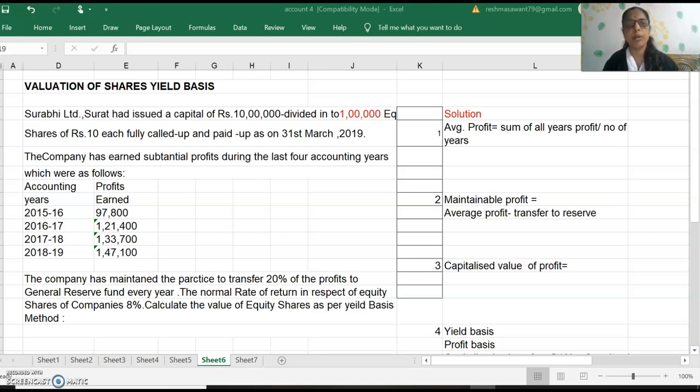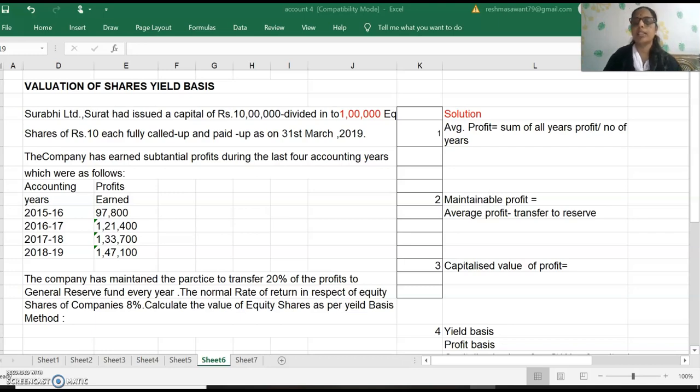In this question, they provide a 20% transfer to reserve. And then the last point, the maintainable profit is converted into the capitalized value of profit. That is the third step of valuation of shares according to yield basis. Make sure that whether you are calculating profit basis or dividend basis, you have to calculate these three steps. It is compulsory for both methods.